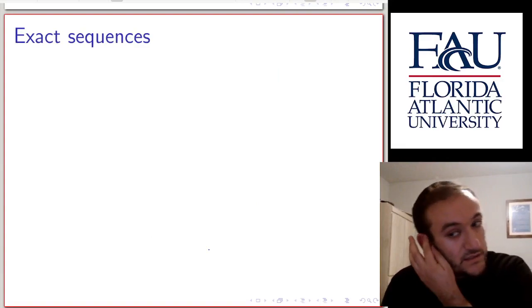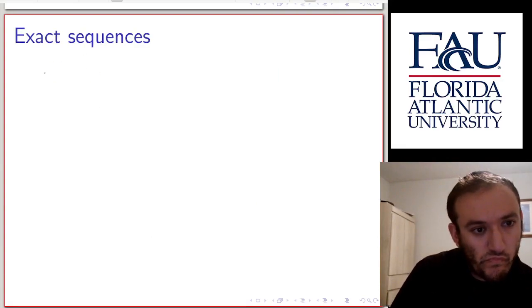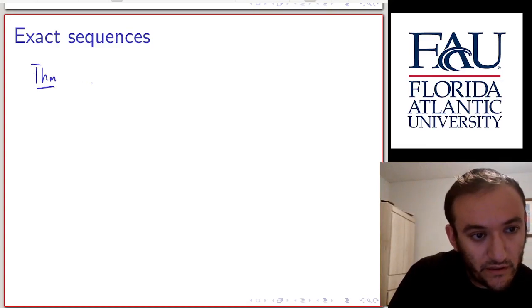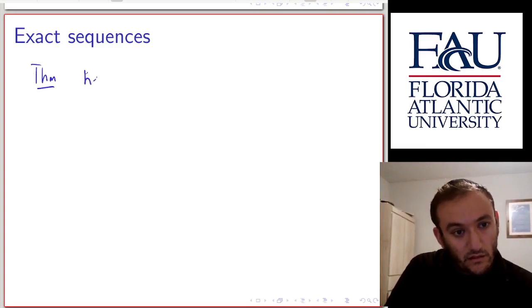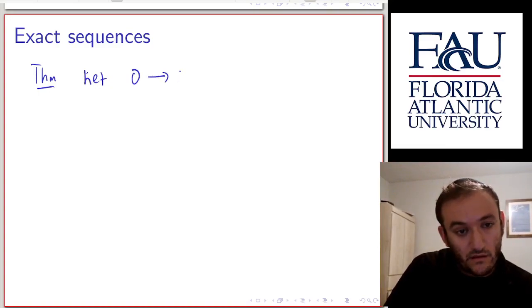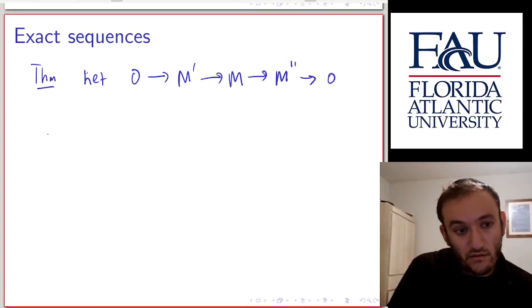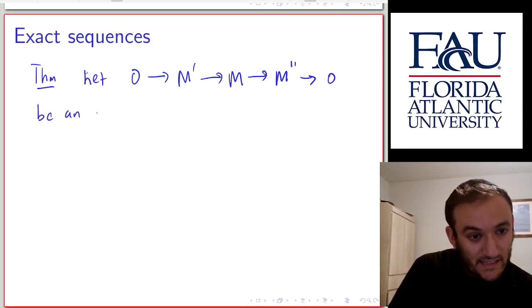Okay, let's look at exact sequences. So here we have the following theorem. Let 0 to M prime to M to M double prime to 0 be an exact sequence of modules.